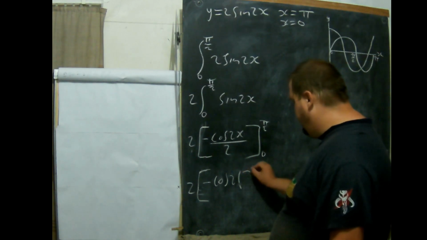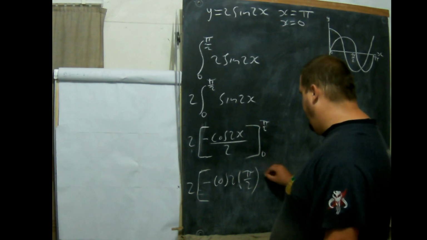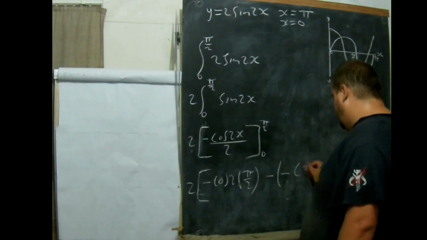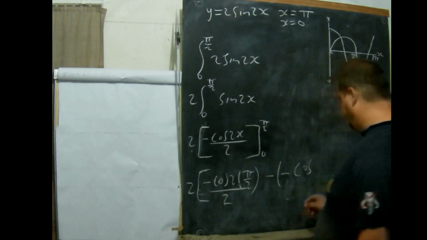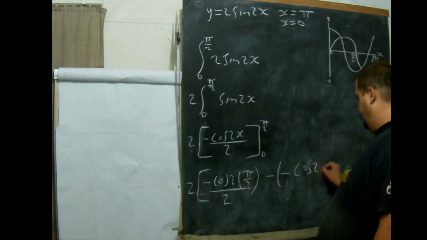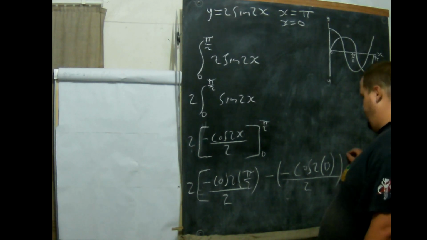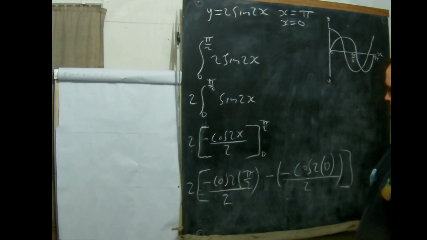So this is pi over 2, minus cos 2 times 0 all over 2, and that goes in the square bracket.